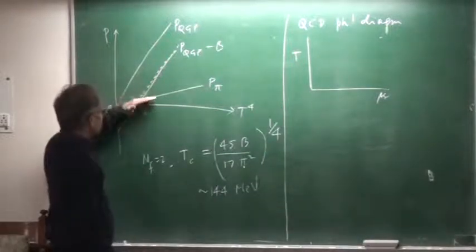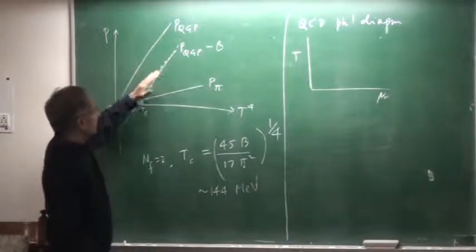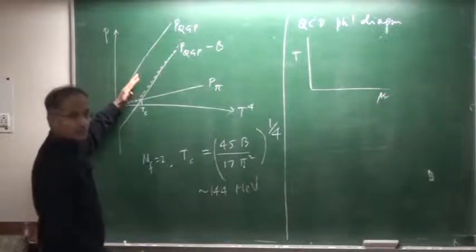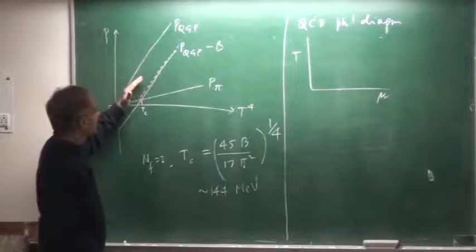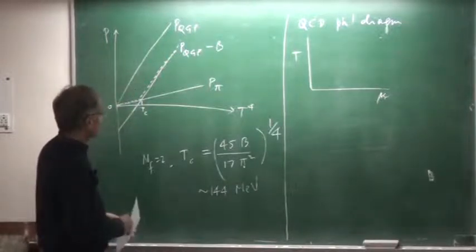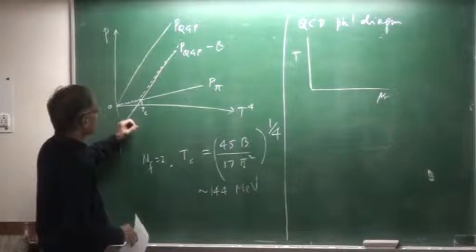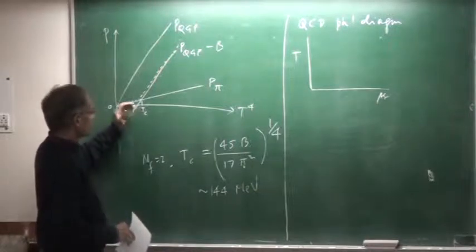You are saying this curve will go up? Right. Will it go up without back pressure? Will it be above this? No, without back pressure around 144, 150 MeV, it smoothly matches to PQGP. I have not understood your question.